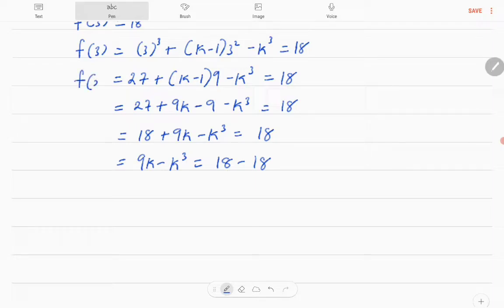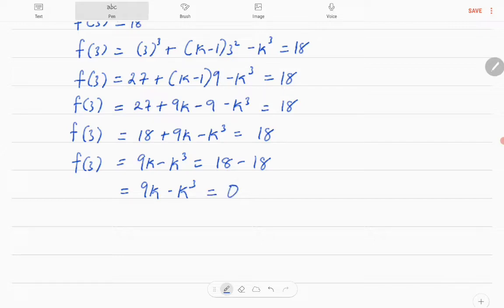Remember this is f(3). Of course this will give us 9k − k³ equals 0.